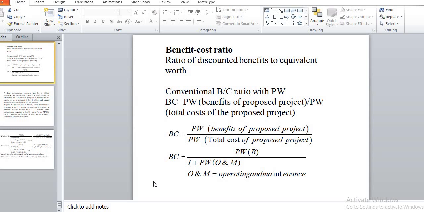Now a project is nothing but a plant or machine or any company. We can consider a project as a small machine that we have to evaluate, that is, the investment in that particular machine.